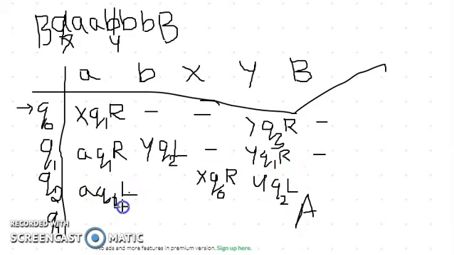This is Q2. We cannot get X. Sorry, we cannot get B. Okay, in Q2, we cannot get A, B or X. We can get Y. If I get a Y, read it and just move right till I get a blank. So this is how it works.